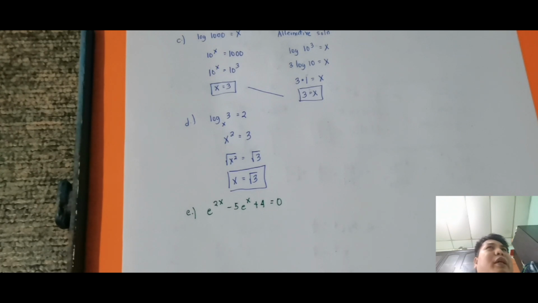Okay, no? So, paano kaya ito, sir? So, sa calcu, no? Kaya ito sa calcu ko, eh. Yabang, no? So, alpha e raised to 2 alpha x minus 5 alpha e raised sa alpha x plus 4 shift solve.